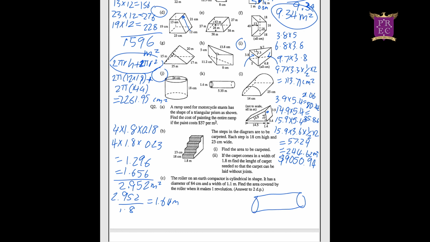Find the area covered by the roller when it makes 1 revolution. Oh, okay. So they're asking for the area that will be covered by the roller. So when it rolls, it covers an area on the ground, right? They're asking how much area would it cover if it does 1 revolution. So they're just asking us the surface area of this curved surface of the cylinder.